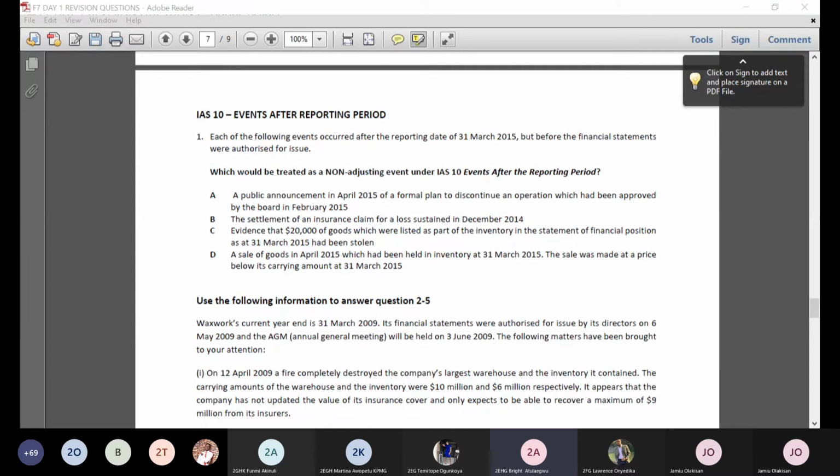B. The settlement of an insurance claim for a loss sustained in December 2014. C. Evidence that $20,000 of goods, which were listed as part of the inventory in the statement of financial position as at 31st March 2015, had been stolen. D. A sale of goods in April 2015, which had been held in inventory at 31st March 2015. The sale was made at a price below its carrying amount at 31st March 2015.